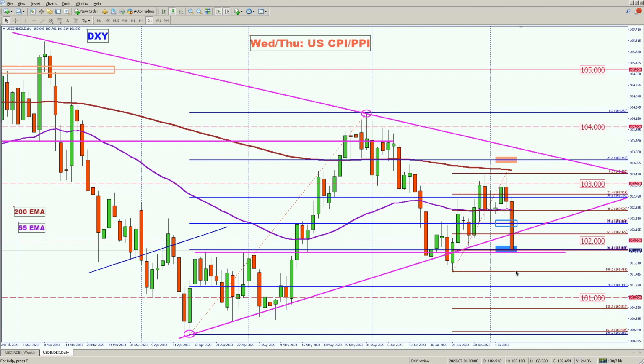So the support level is at 101.47. It's going to be a critical support zone.